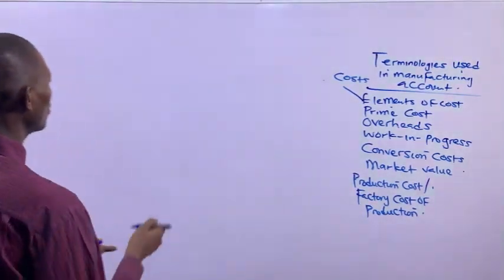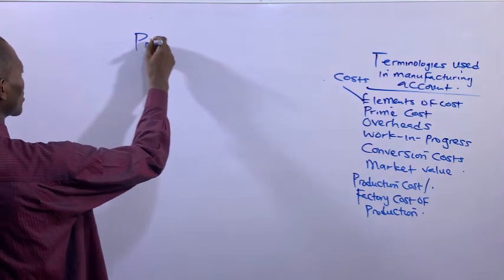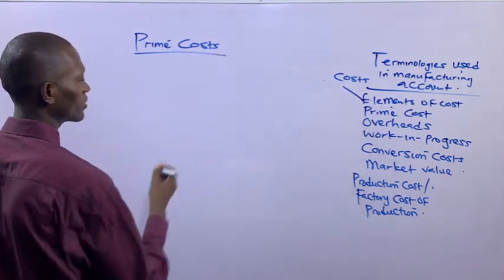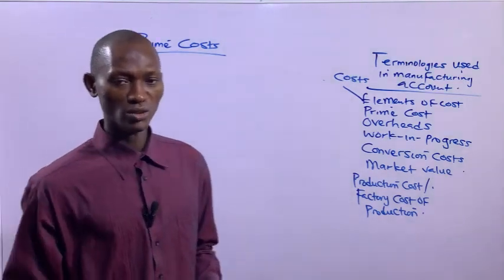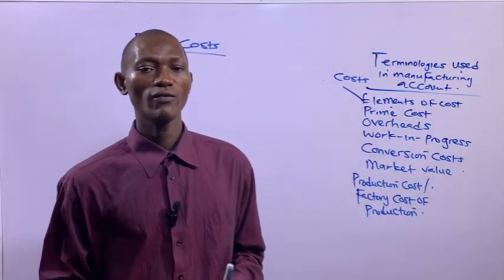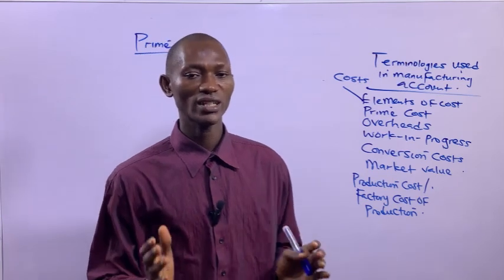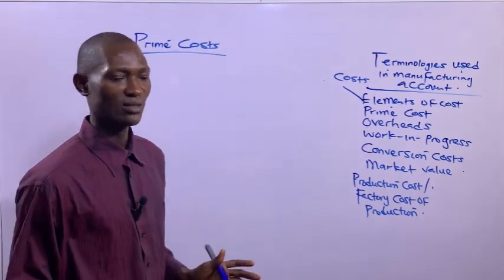So prime cost, like we said, is the summation, the addition of all direct costs. That's addition of direct material, direct labor, and direct expenses.